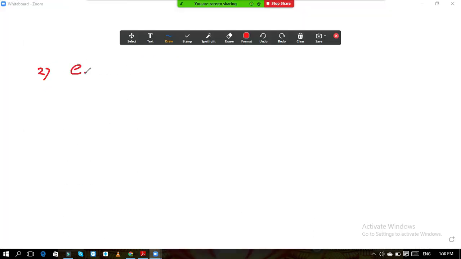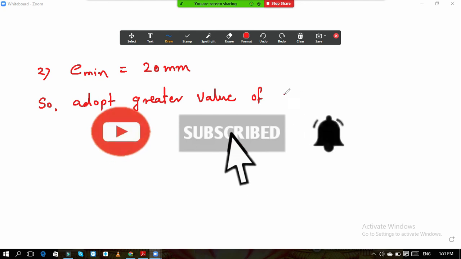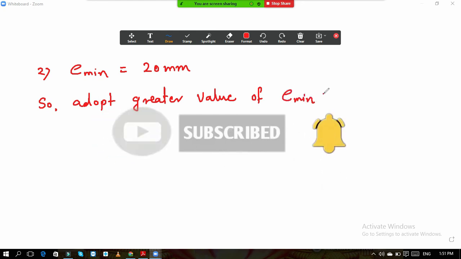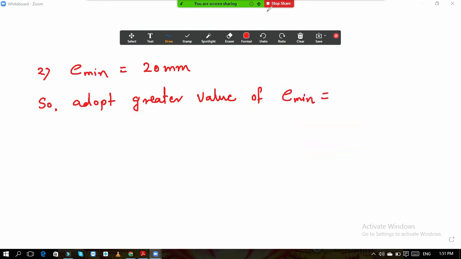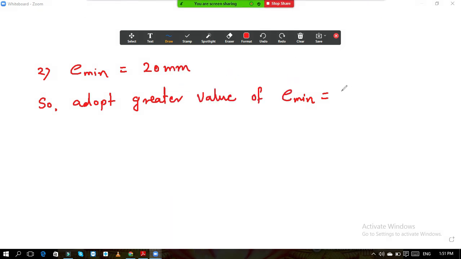In no case should e minimum be less than 20 mm. So adopt the greater value of e minimum, which is 20.67 mm. Now this is the e minimum.